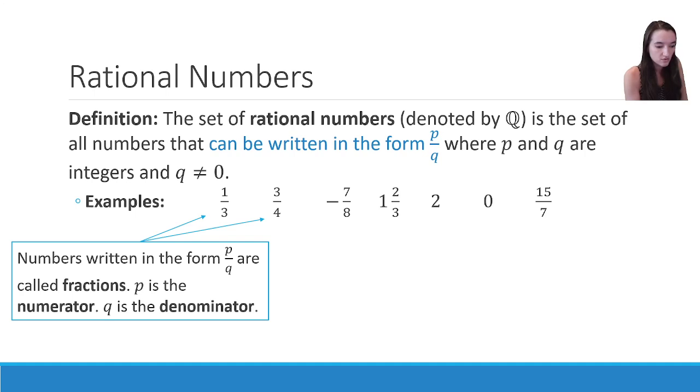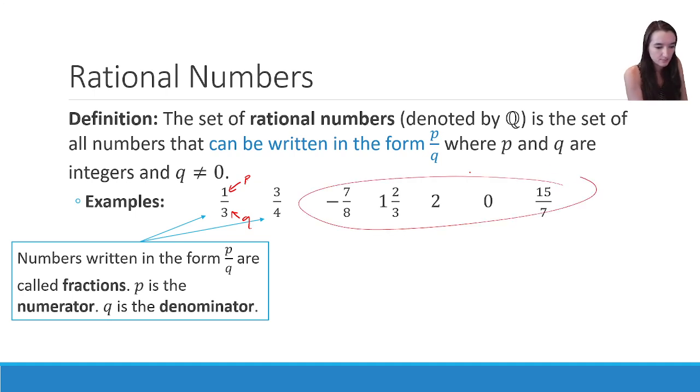P is the numerator, Q is the denominator: P being the one on top, Q being the one on the bottom. In this case, P is 1, Q is 3. So numerator top, denominator bottom. But not every rational number is going to be written that way. The point is that it can be written that way.